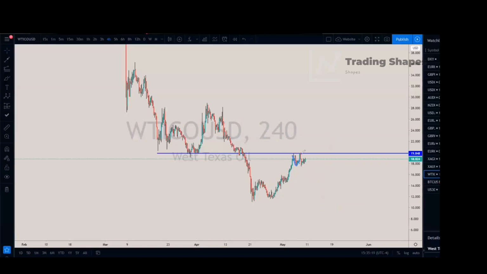Or ABC, come up here, correction, and continue going up. Just watch this area, put your lines, see how you trade. Breaks, retest, go for it. Breaks, retest, go for it. Goes up here, corrects, it's going up.